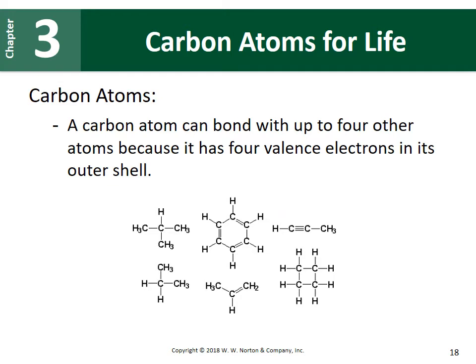So all 4 of these biomolecules are carbon-based, and carbon atoms can bond with up to 4 other atoms because of how their electrons are set up in their outer shell. And I mentioned this a little bit earlier, but if we come back, draw carbon here. Carbon has 6 protons and 6 neutrons and 6 electrons.